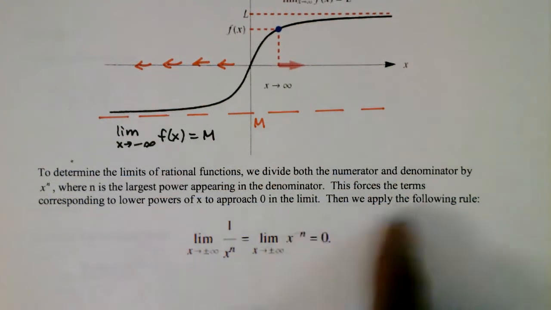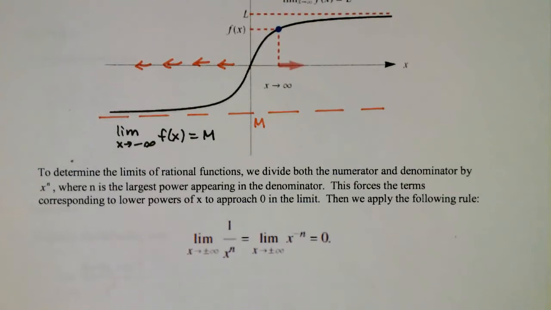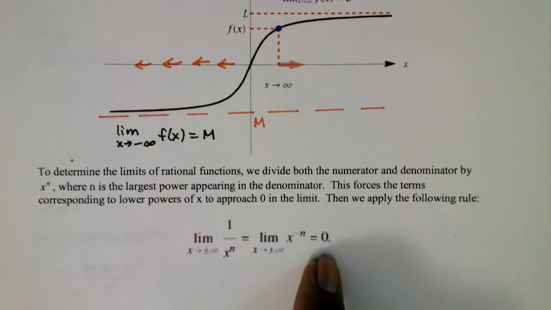And then we apply this rule. That's the limit as x approaches plus or minus infinity of 1 over x to the n, or we can write that as the limit as x approaches plus or minus infinity of x to the negative n. That's going to equal 0.